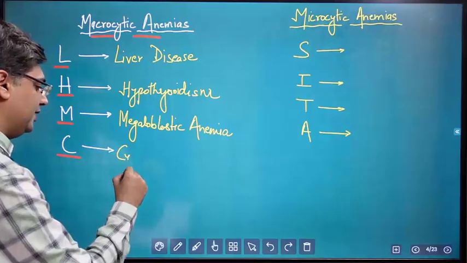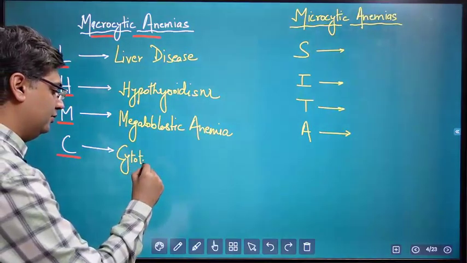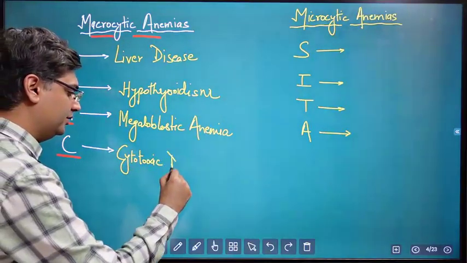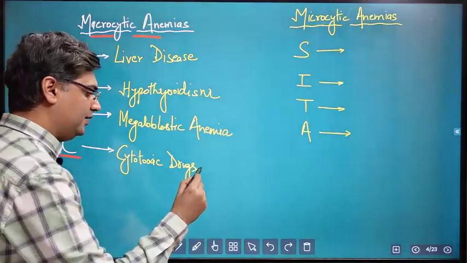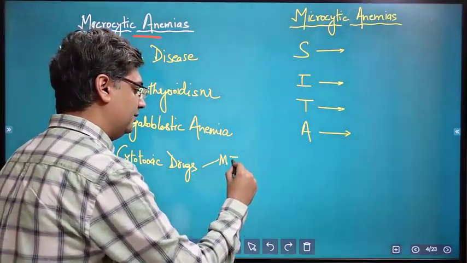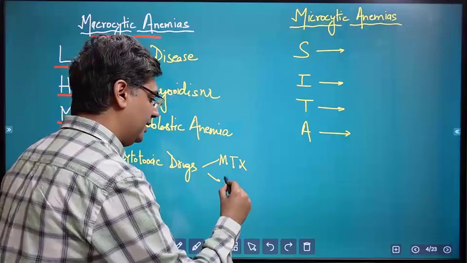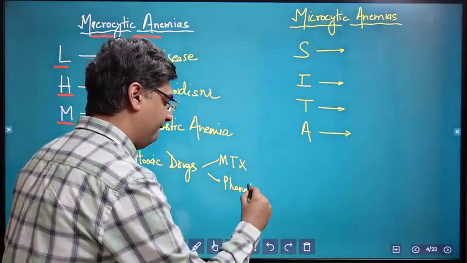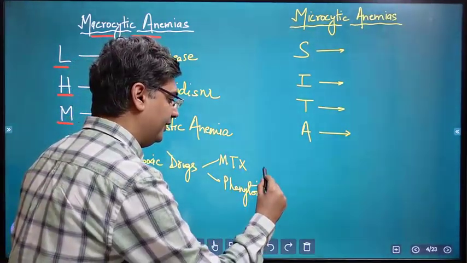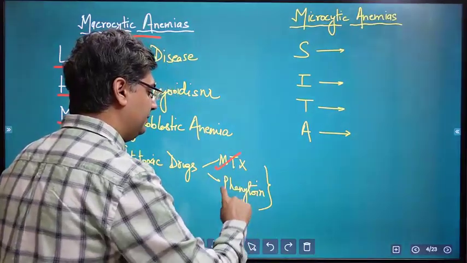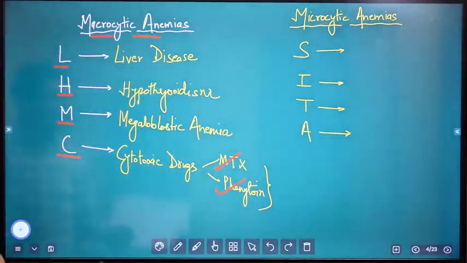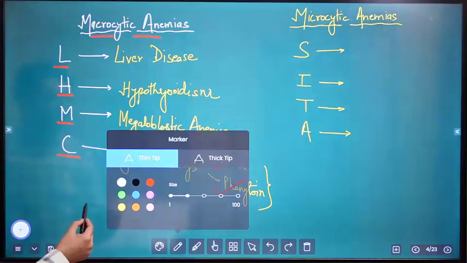Okay, C are the cytotoxic drugs, and these can be methotrexate and they can be phenytoin as well. What can be there? It can be methotrexate, it can be phenytoin, which are the cytotoxic drugs.